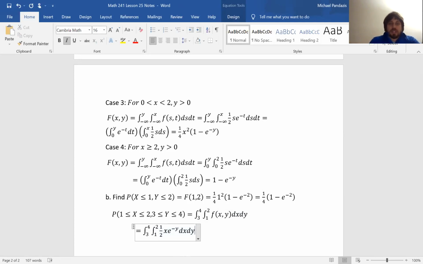So that's our PDF, dx dy. And when you calculate that double integral, you get 3/4 times e to the negative 3 minus e to the negative 4.